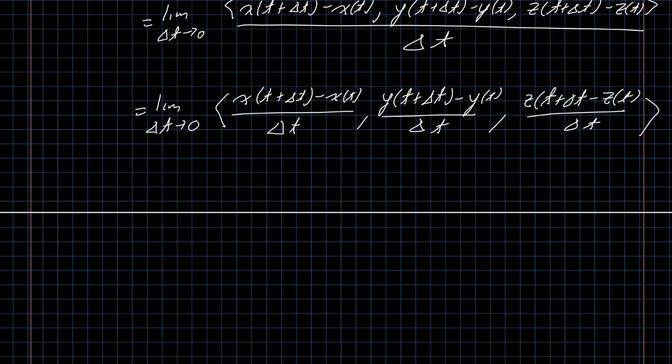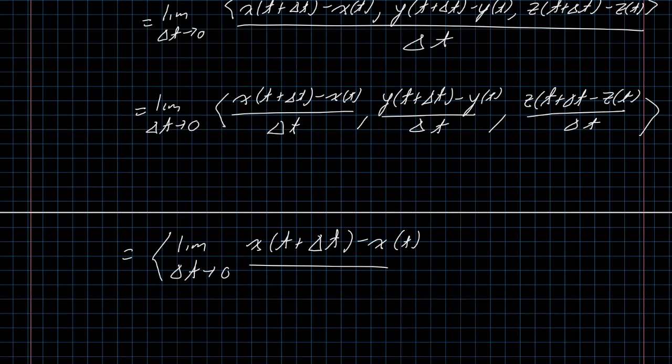I'm going to run out of space, so I'll write the limit as delta t goes to 0 of x of t plus delta t minus x of t all over delta t, with the y and z components the same. Technically, you should write them all out, but I'm out of space.